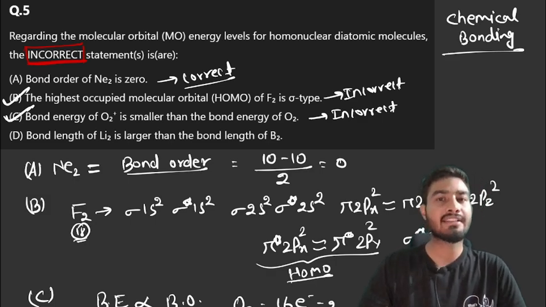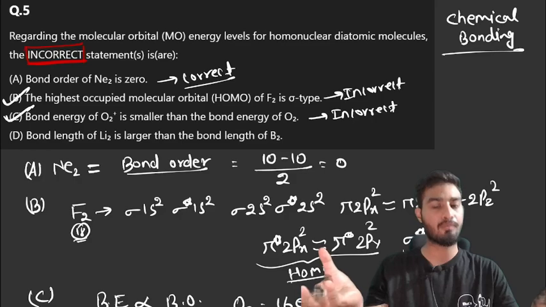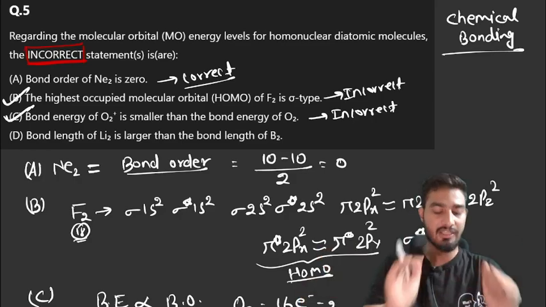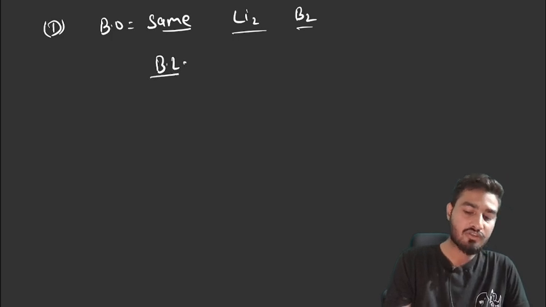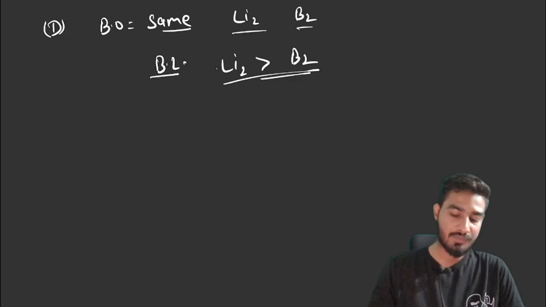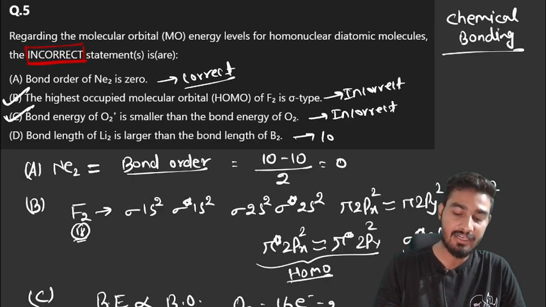A larger atom will form a longer bond and a smaller atom will form a shorter bond. So if we compare bond length, the bond length of Li2 will be more and B2 will be less. And the option also says Li2 is larger than B2. That means this statement is correct, so it is not our answer. So what will the answer be?